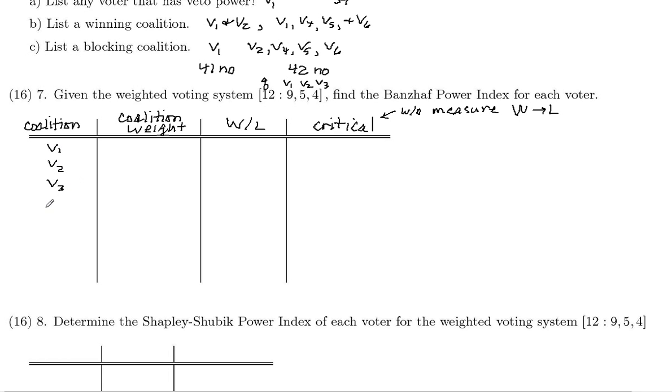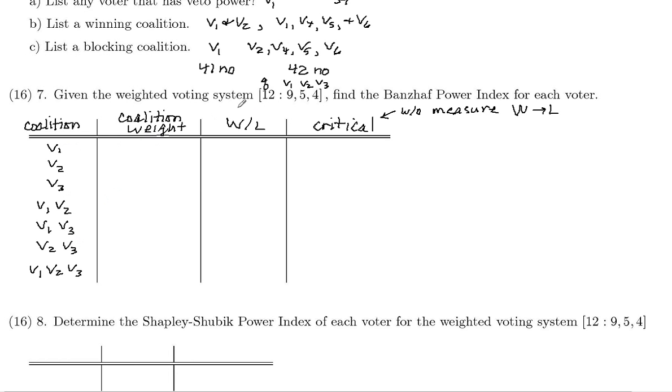Or we could have 2-person coalitions, so we could have V1 and V2, or V1 V3, or V2 V3, or we could have a 3-person coalition, V1, 2, and 3. And again, I'm just going to do 3 voters for you guys. So you're going to have 7 different coalitions for Banzhaf.